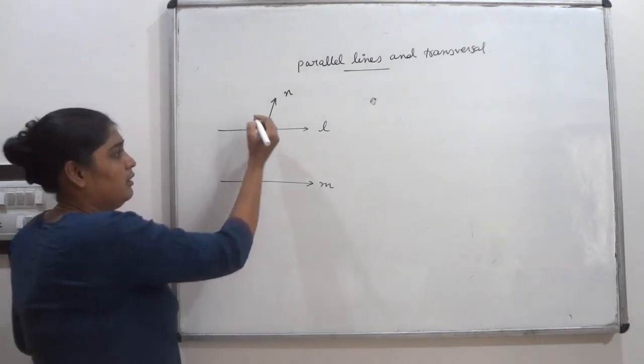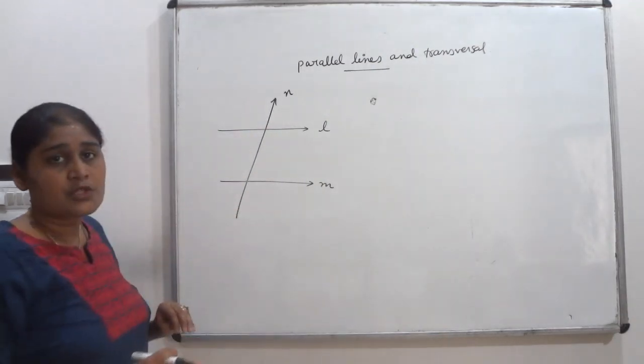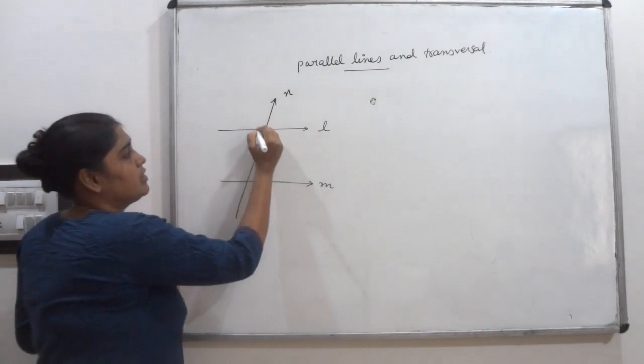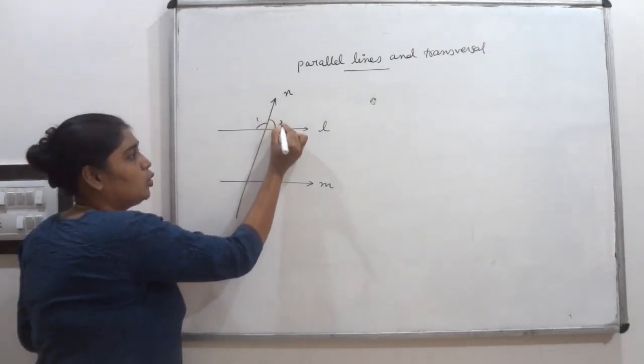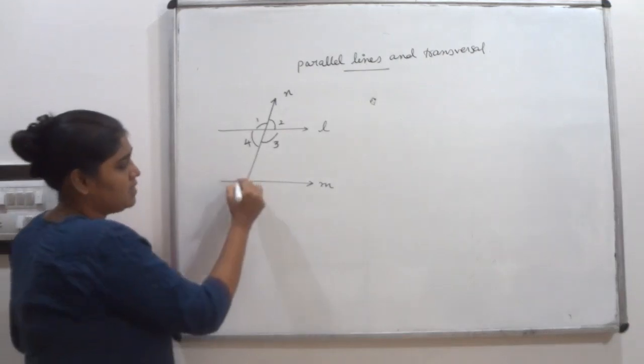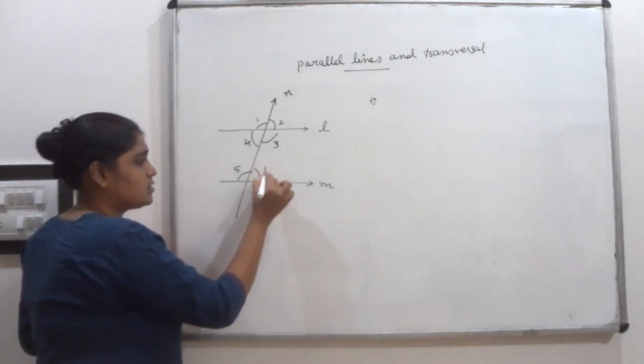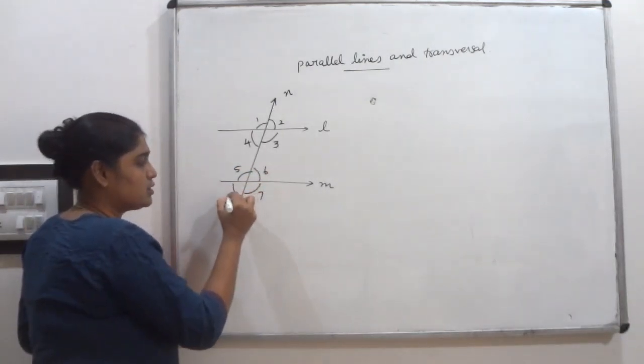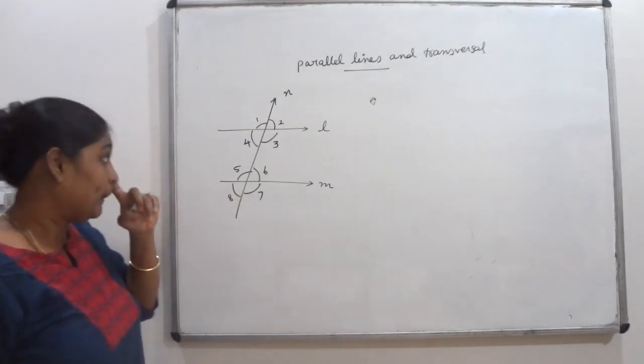These two lines form a total of 8 angles. This is angle 1, angle 2, angle 3, angle 4, angle 5, angle 6, angle 7, and angle 8.